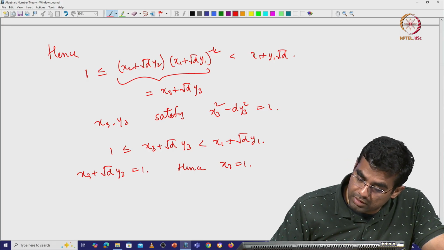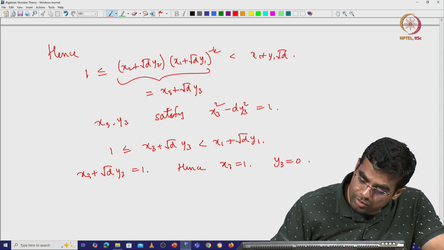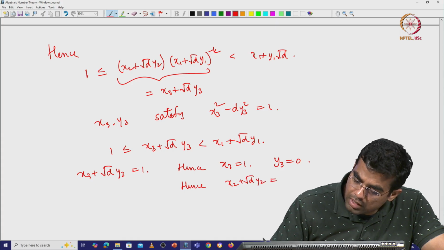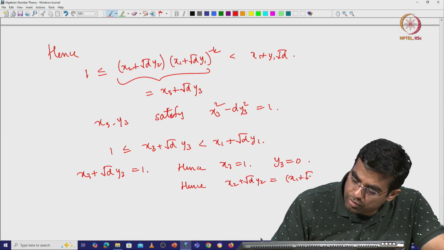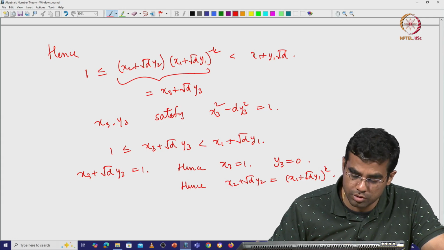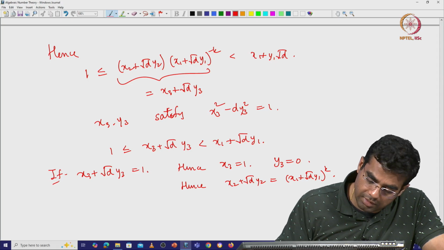And then y3 will be 0 and hence x2 plus square root of d y2 will be equal to (x1 plus square root of d y1) to the k, right. That is what we want. So, we are done in case 1. So, if this happens, then we are done.